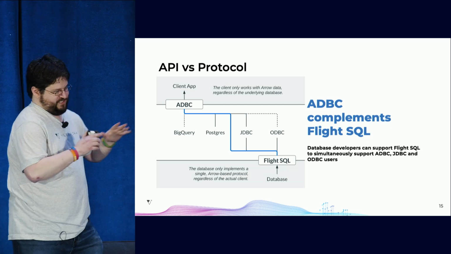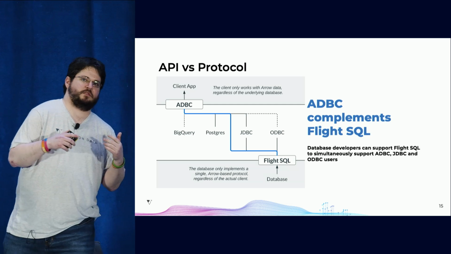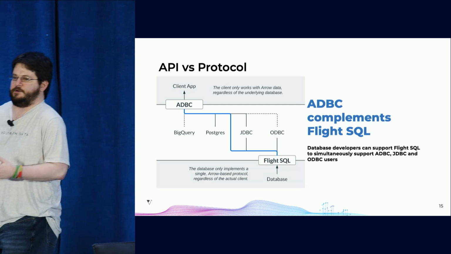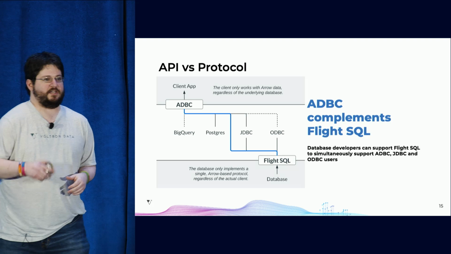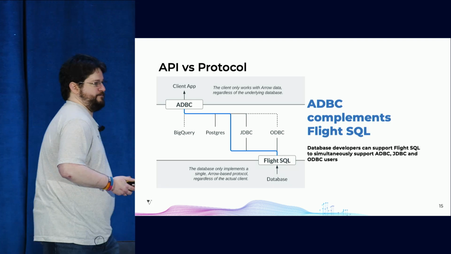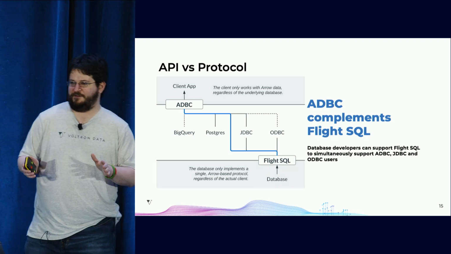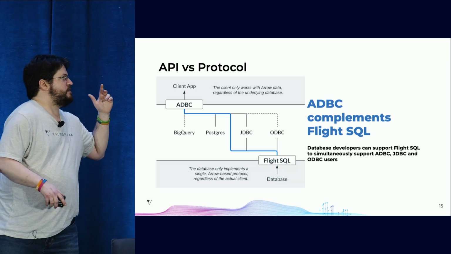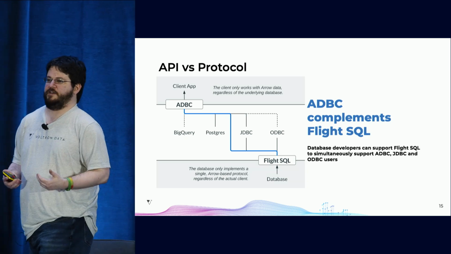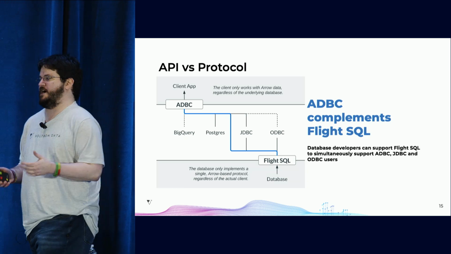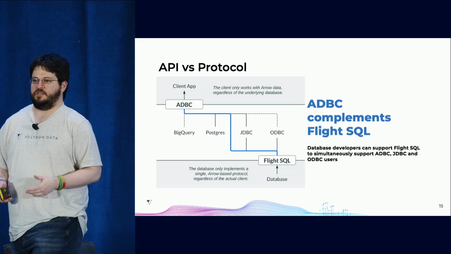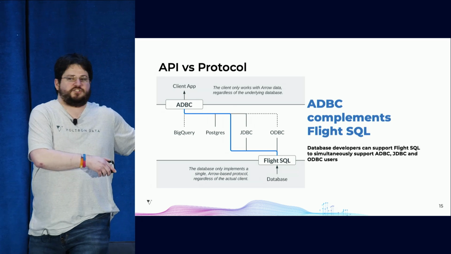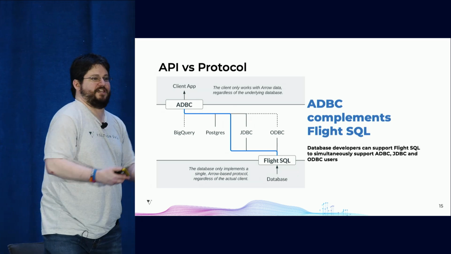To oversimplify, when you're dealing with a database system, you typically have three components: a client, a server, and a transport protocol. Yes, it's oversimplified, but stay with me here. On the client side, you get a big benefit by having a single API you can code your application against, so that no matter what database you're trying to hit, you don't have to change your code. Just change your connection string. That's very advantageous.